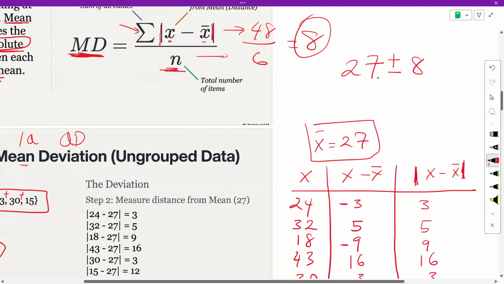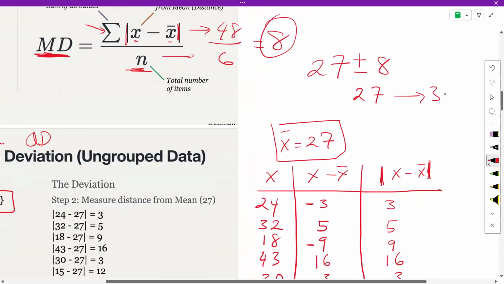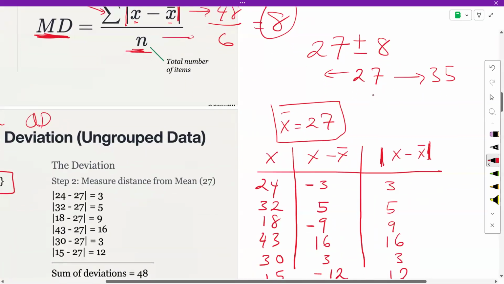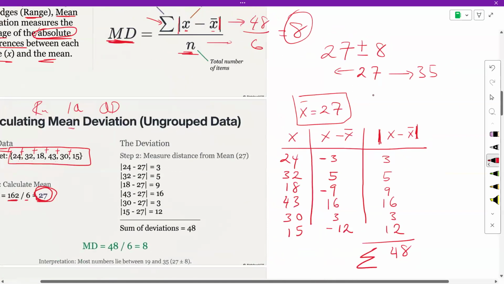The mean 27 is the mid value, and 27 plus 8 is 35, and 27 minus 8 is equal to 19.